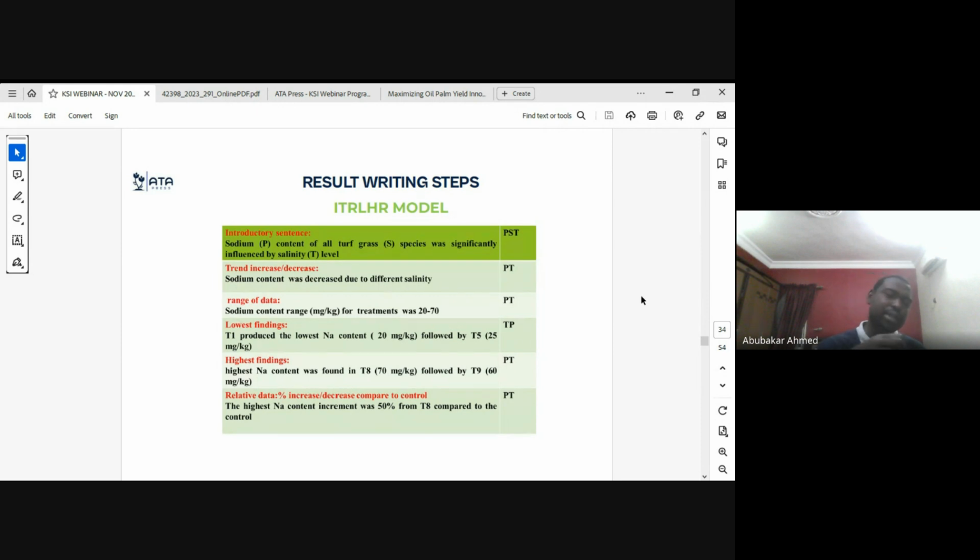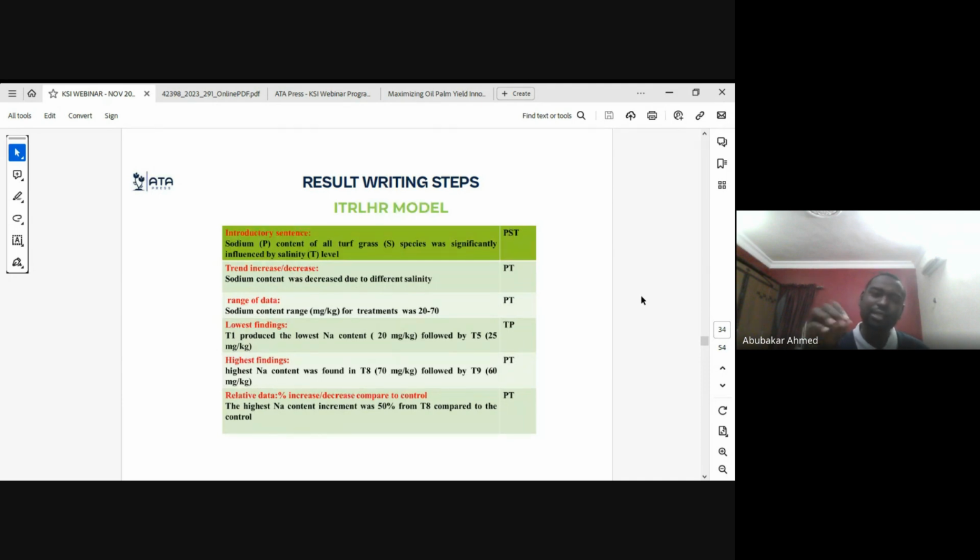Once you have your results, first you need to understand that in a thesis and in a paper, there are different modes. The only difference is in a thesis, you need to explain more, while in a paper, you need to explain briefly. You explain your results briefly.